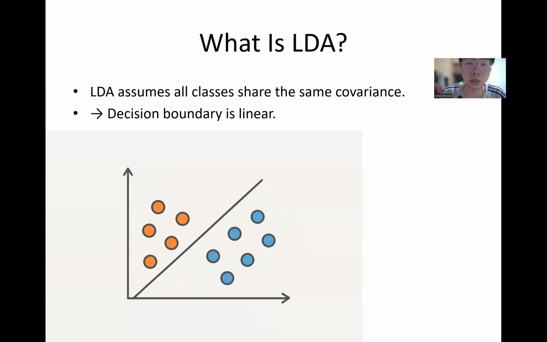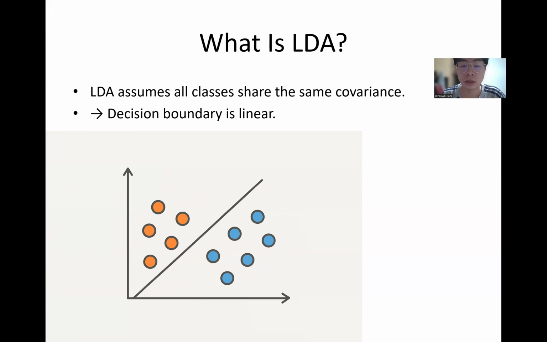Let's see what LDA is. LDA, or linear discriminant analysis, assumes that each class's data follows a Gaussian distribution. All classes share the same covariance matrix, the same spread and shape. Under this assumption, the decision boundary becomes a linear function of the features.